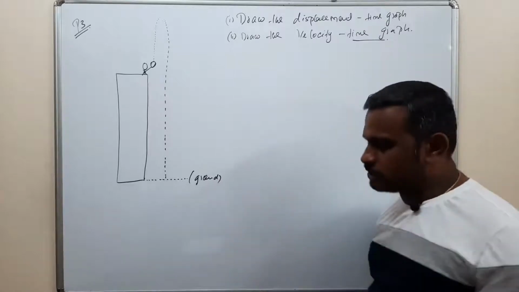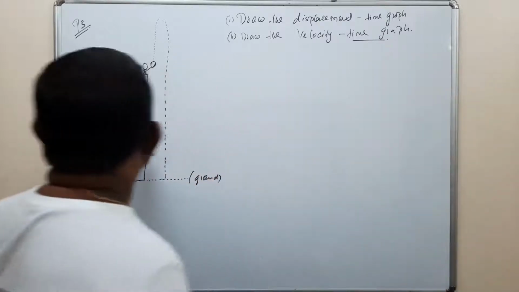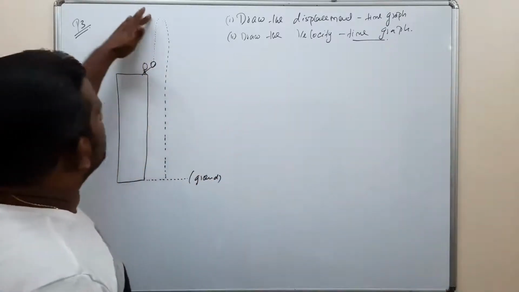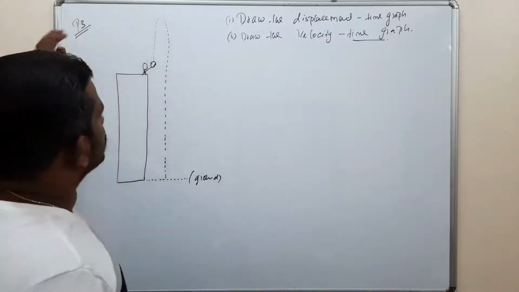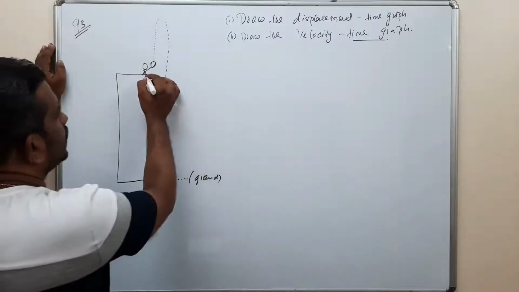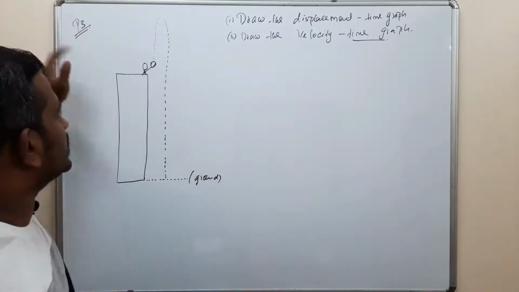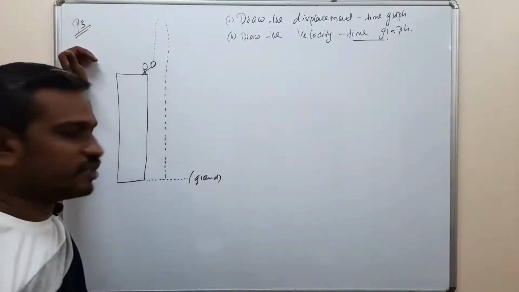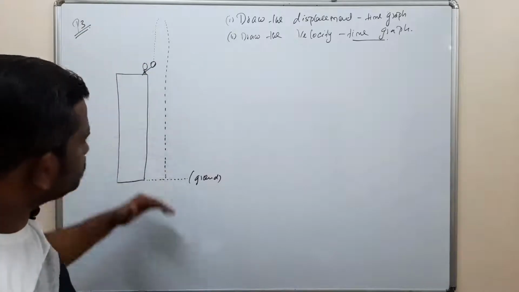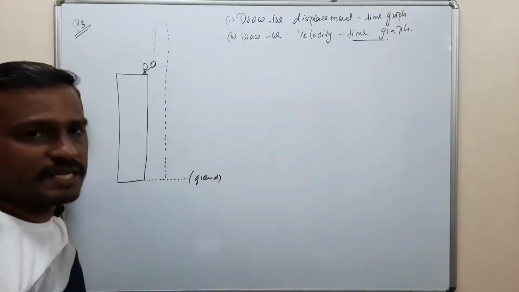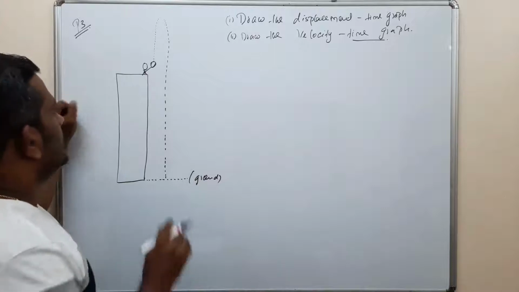So the ball is projected vertically upwards, so it reaches a particular displacement. Consider the point of projection as the origin, the vertical upward direction as the positive axis and the downward direction as the negative axis.